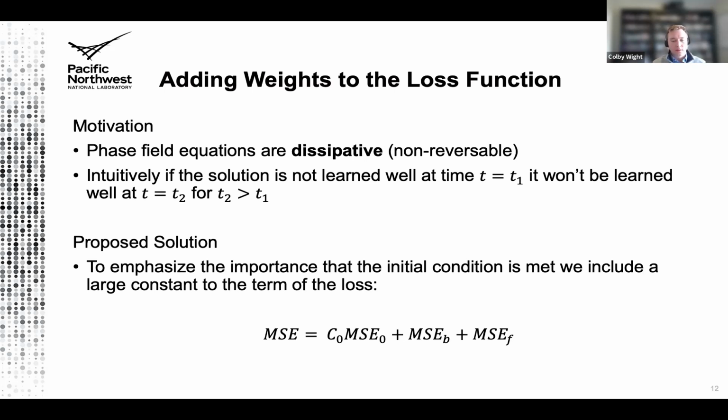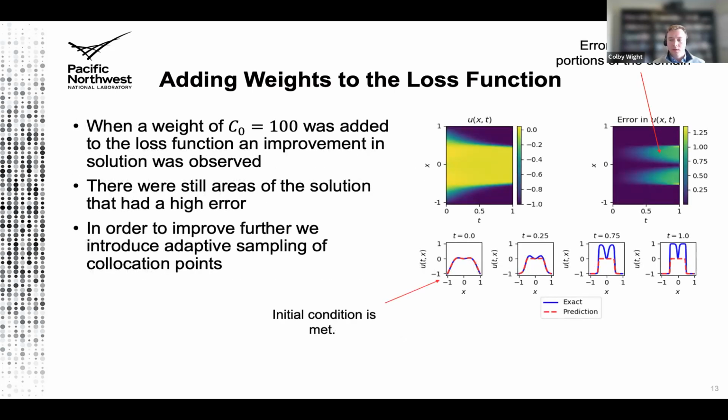So the first thing we proposed to solve this issue was to emphasize the importance that the initial condition is first learned well, and we simply added this constant to this term in the loss, C0 here at the bottom. And here's what happens when we did that.